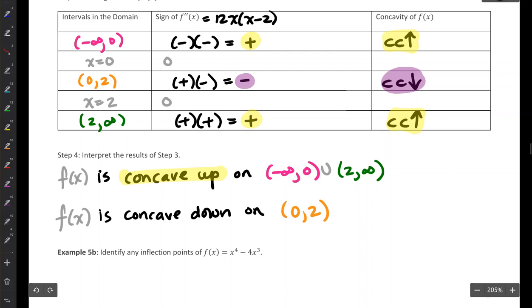Okay. Now notice, without having to graph this, I can see that we have some inflection points, because right here at x equals 0, what happened? We changed concavity. I went from concave up to concave down.